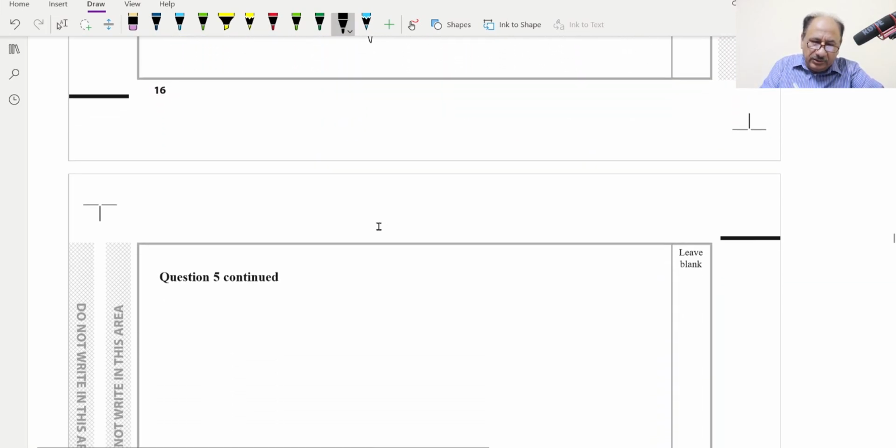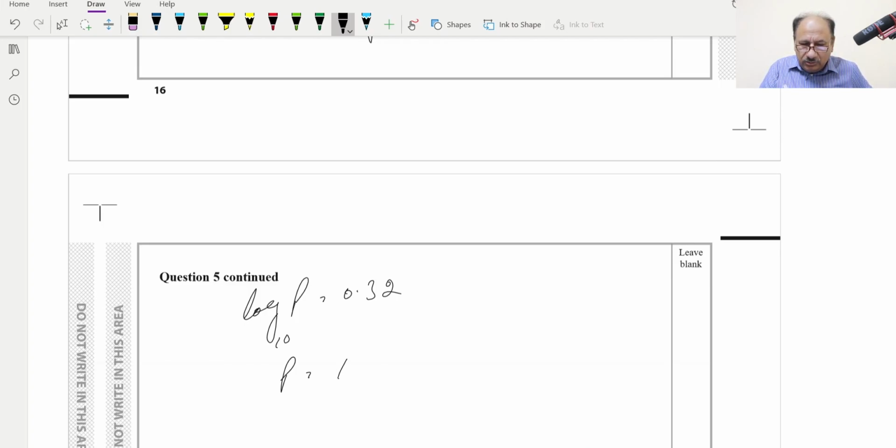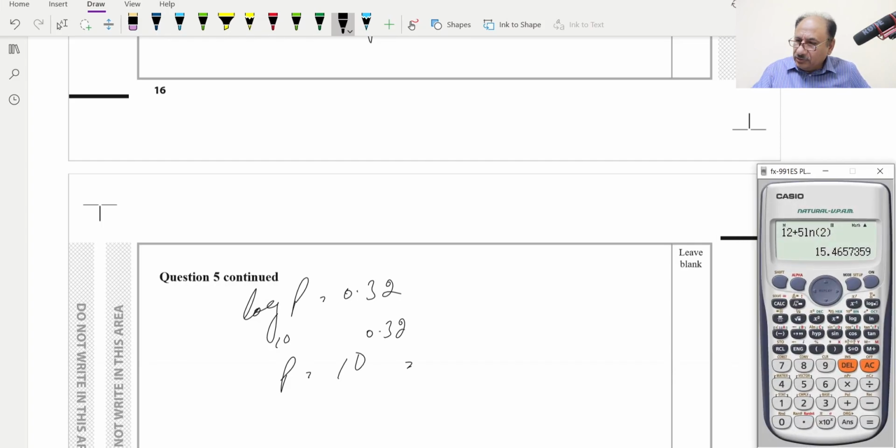So log base 10 p is equal to 0.32, and p will be equal to 10 raised to the power 0.32, and we can calculate this, and this is equal to 2.089.